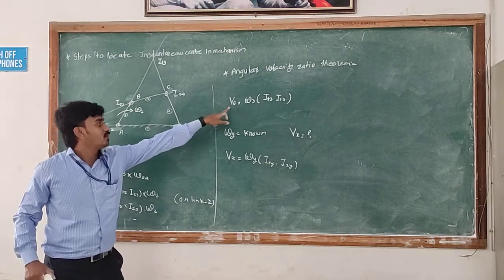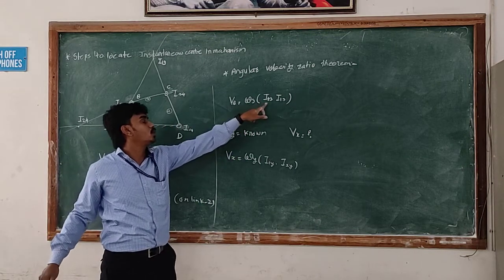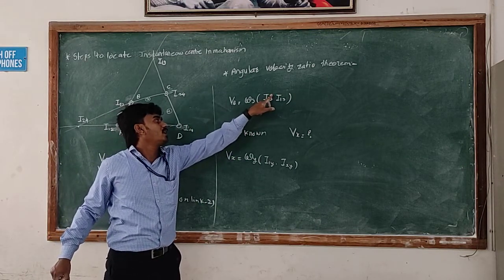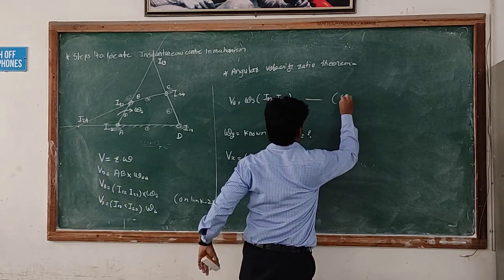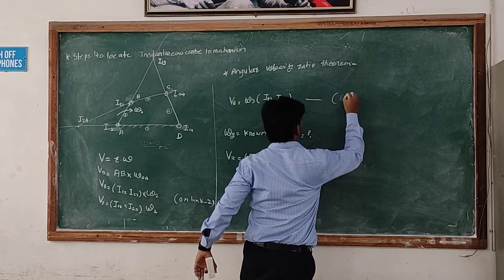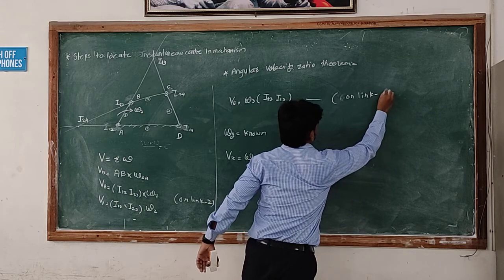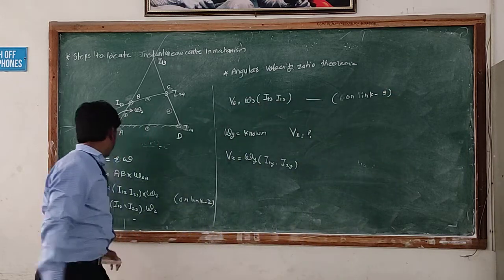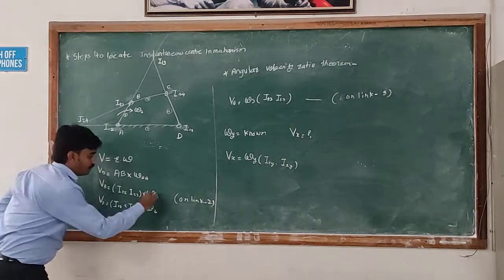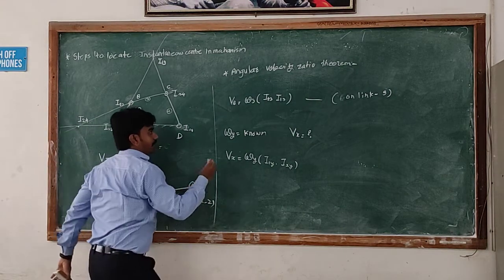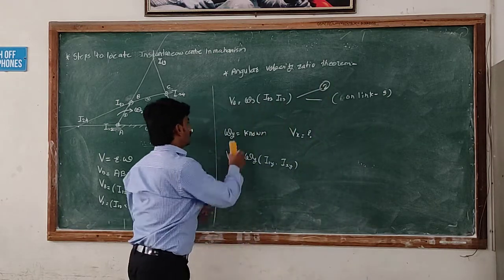Here, VB is equal to omega 3 into I23 and I13, when we consider the point on link 3. Now we mark this as equation 1 and this as equation 2.